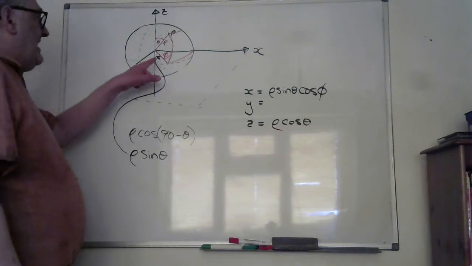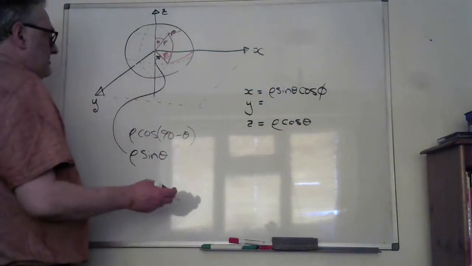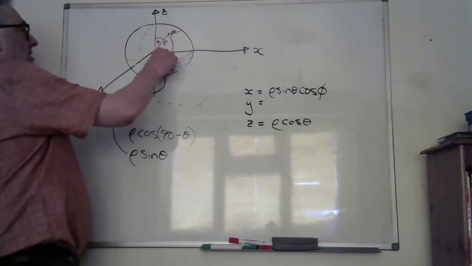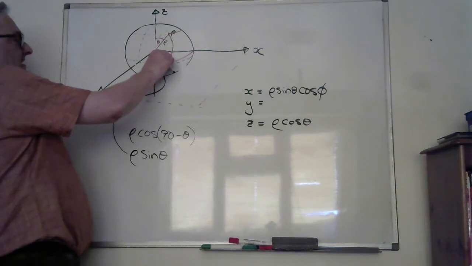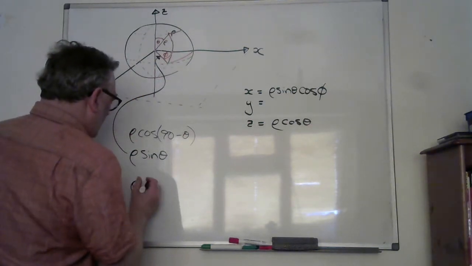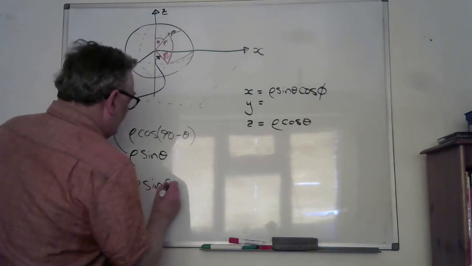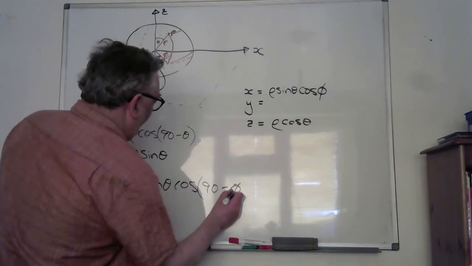Now, exactly the same for the y-axis, so you'll get a slightly different expression. We've got rho sine theta here, and when we resolve it along the y-axis, we get rho sine theta cos(90 minus phi).